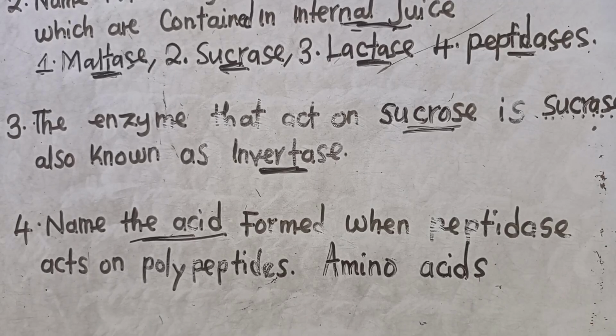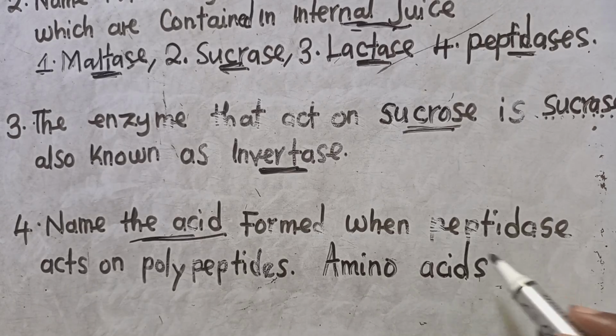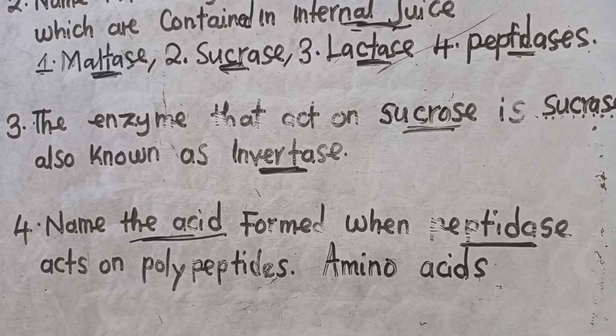This is what you are supposed to know and understand. When peptidases act on polypeptides, they break them down into smaller peptides and into individual amino acids. During this process, carboxylic acids are formed from the carboxyl group of the amino acids. So this is what you are supposed to know.